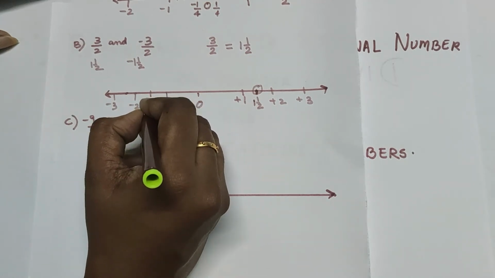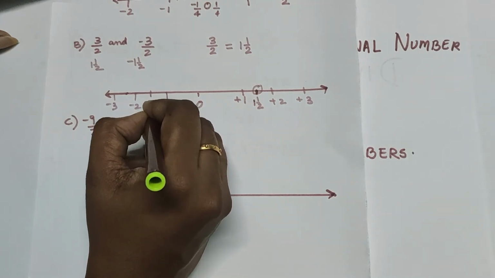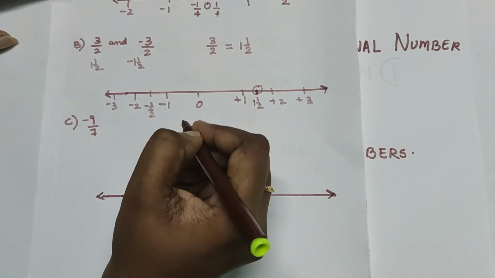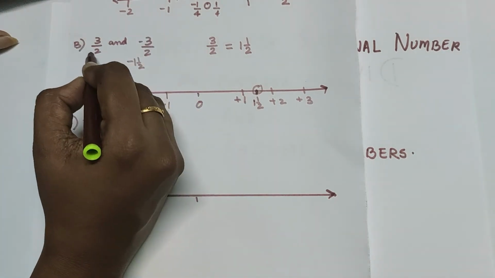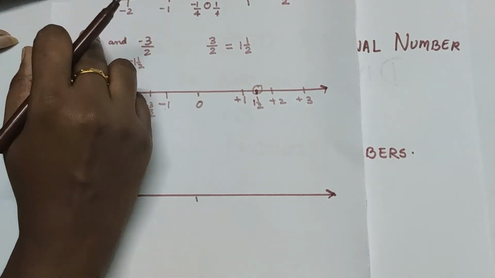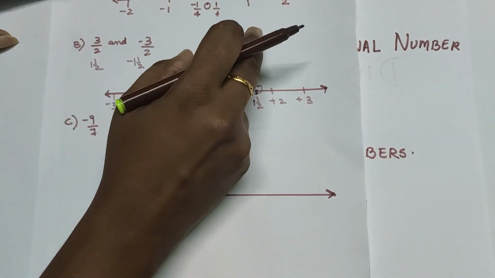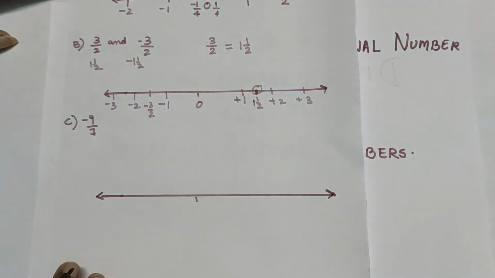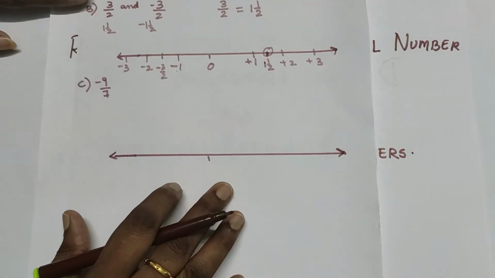So this will become -3/2. Whatever denominator is given, you have to divide into that many parts, and accordingly place the numerator. You have to do the measurement and put it there.